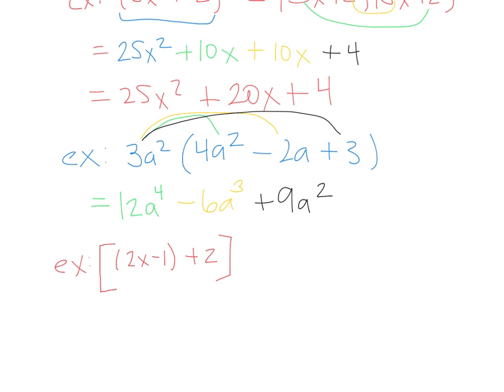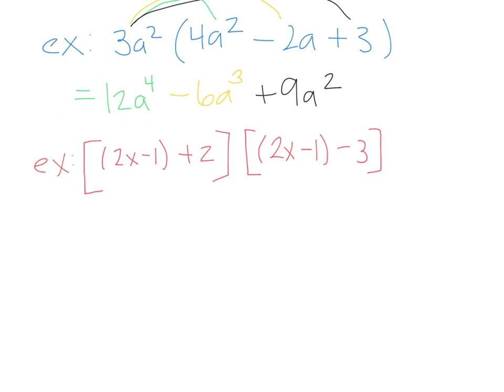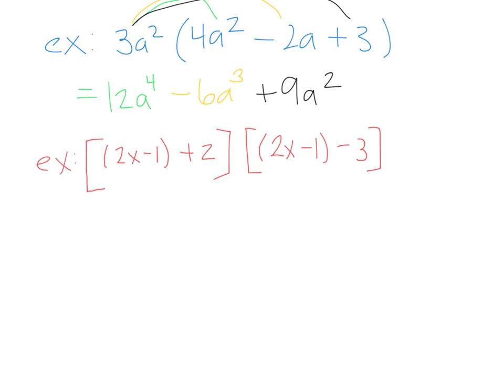And then let's take and multiply that by another polynomial that has a binomial embedded inside of it, like that. Okay, we can apply the same principles that we did before.